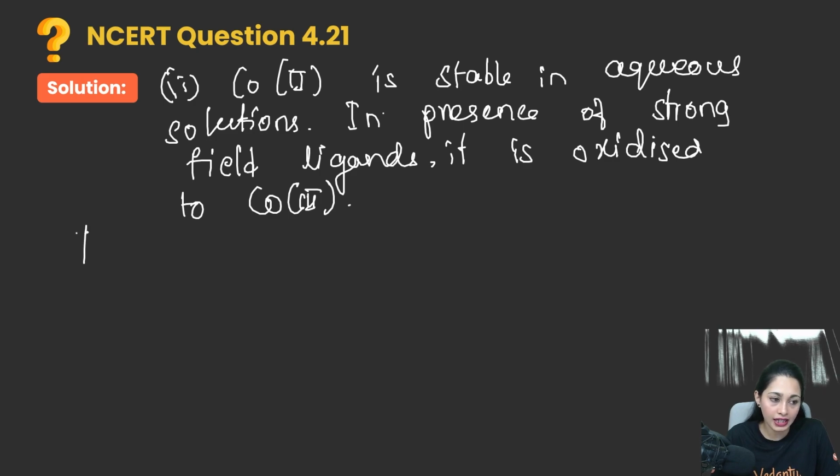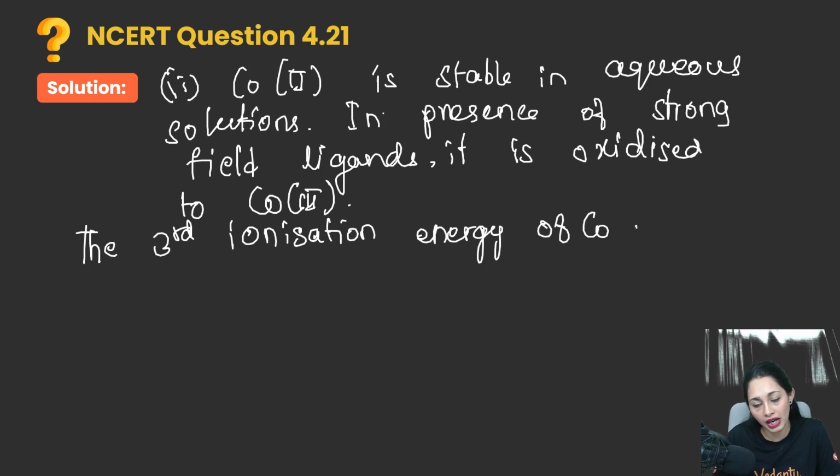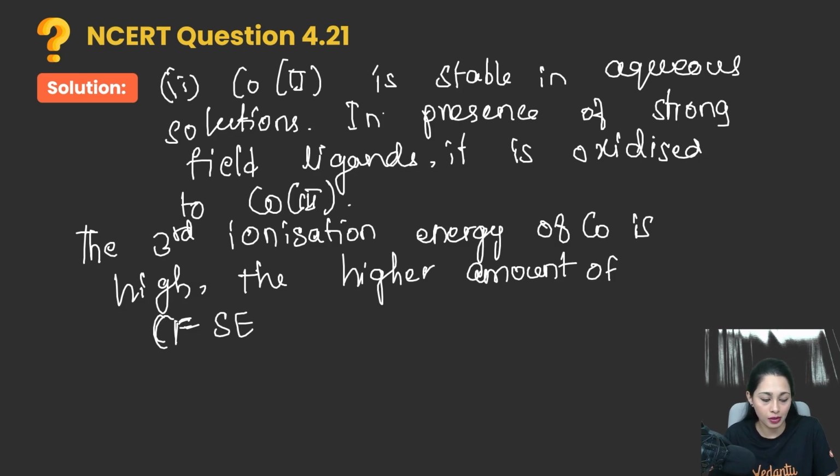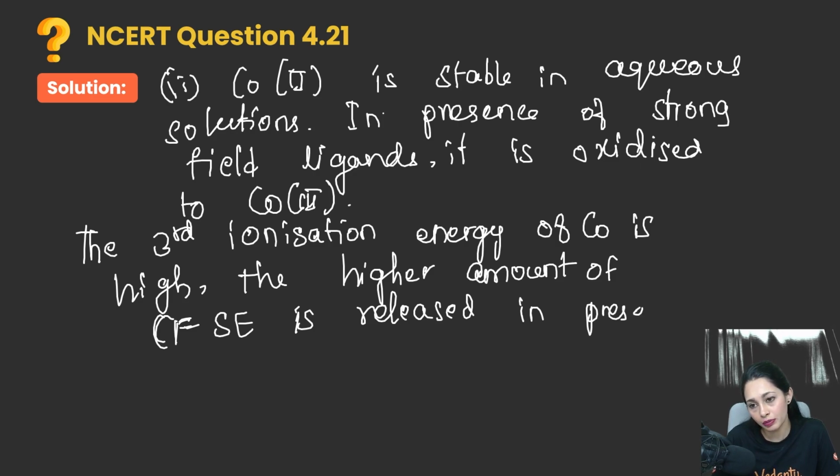Okay. So the third ionization energy of cobalt is high. The higher amount of CFSE, that is crystal field stabilization energy, is released in the presence of strong field ligands.